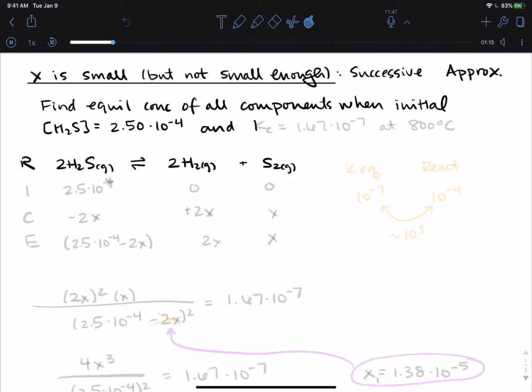And it's the same reaction under the same conditions. So my equilibrium constant is still 1.67 times 10 to the minus 7th at 800 degrees.